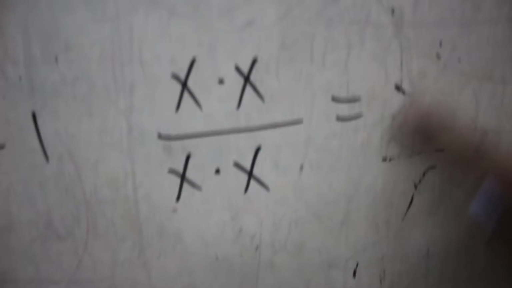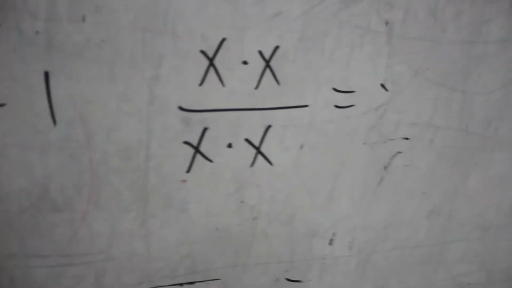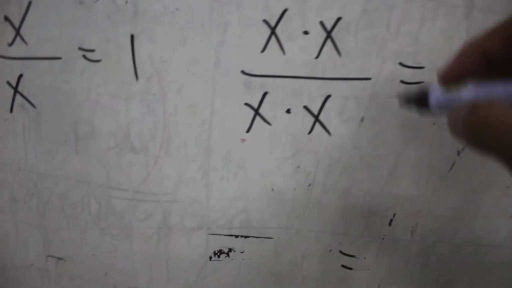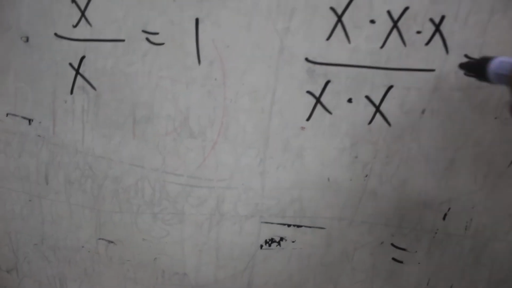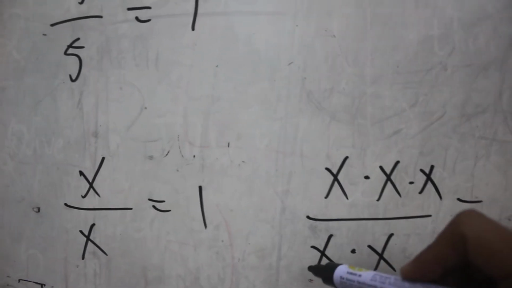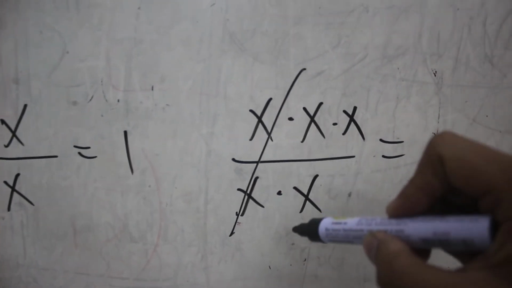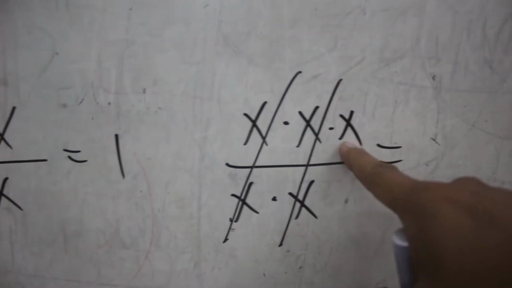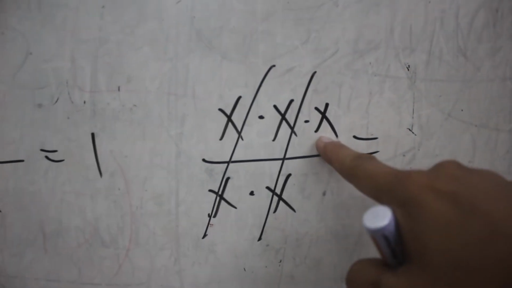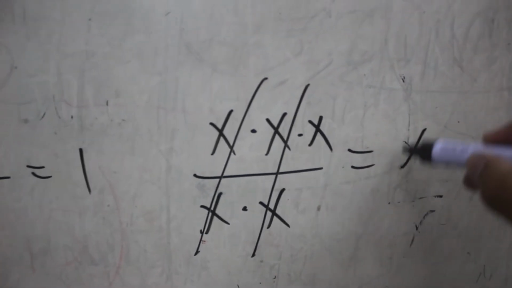Pero kapag ganito guys, erase ko, kapag ganito, x cube over x squared, mangyayari, anong value nito? 1. Ito, 1. Ang mabilin, x.